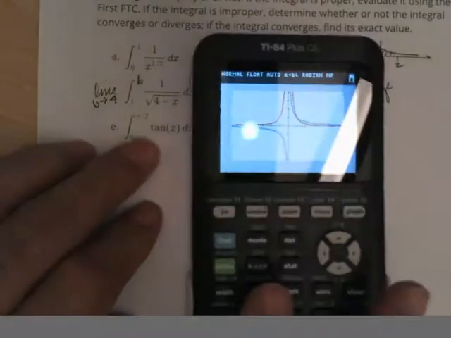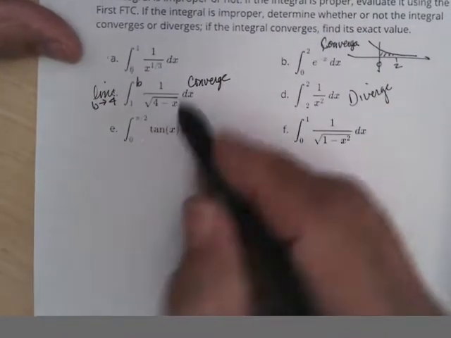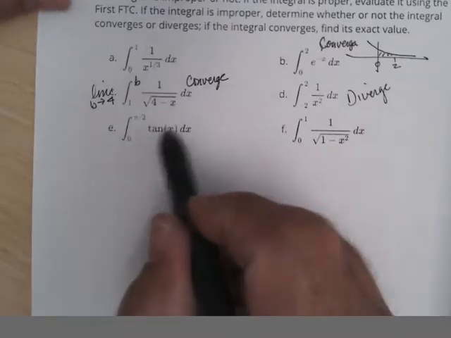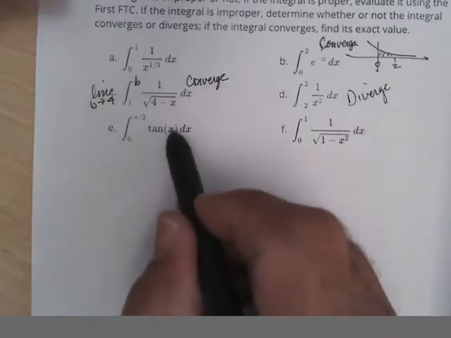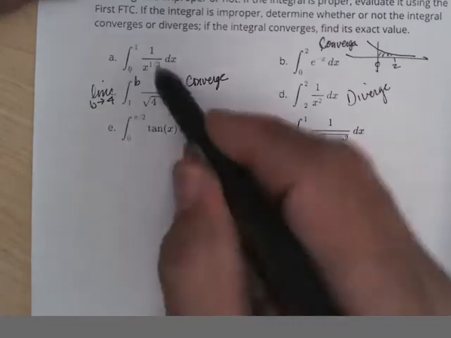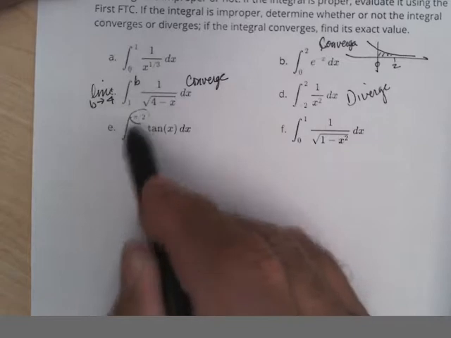How about the tangent? Tangent, you can't use the graph like that, so let's integrate this. Where's the problem? What's the tangent of 0? Well, that's 0. What's the tangent of pi over 2? Tangent of pi over 2 is undefined, so that's the problem.